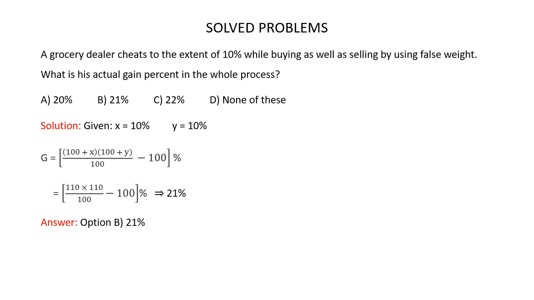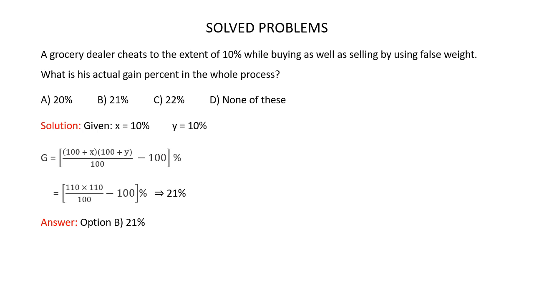Now it's given that here the grocery dealer cheats to the extent of 10% while buying as well as selling. So X is equal to 10%, Y also is equal to 10%. Now substitute these values in the formula here.